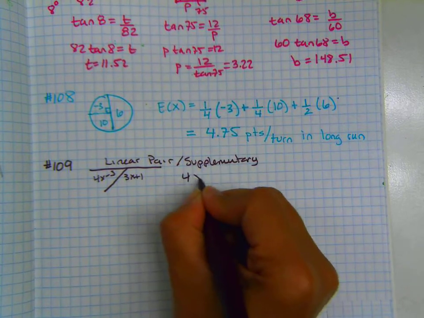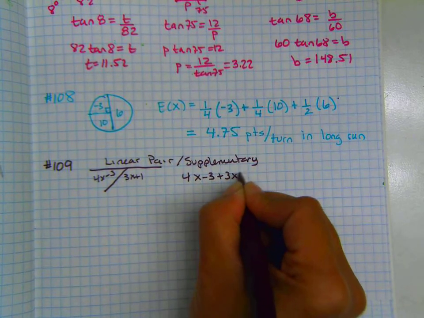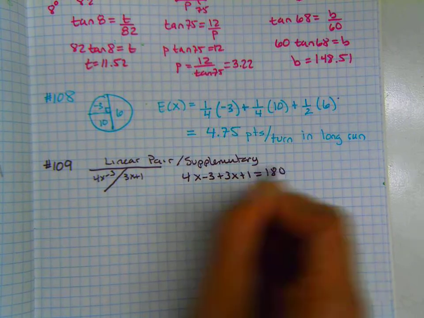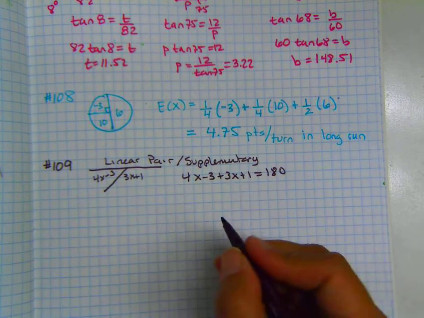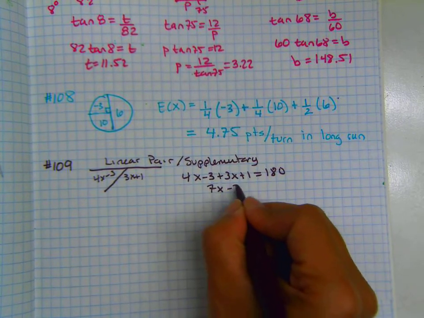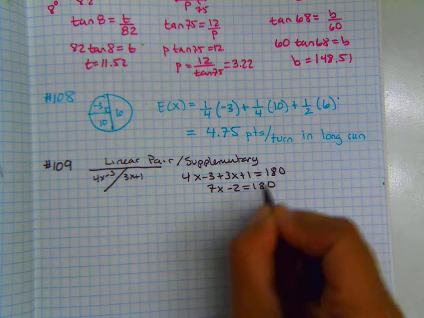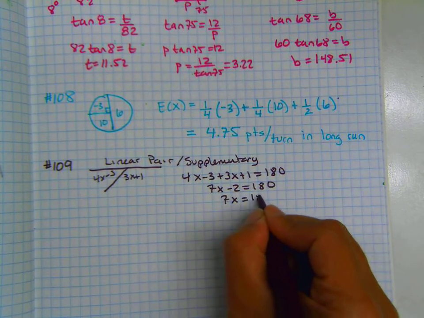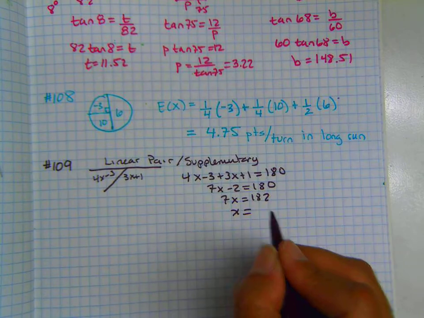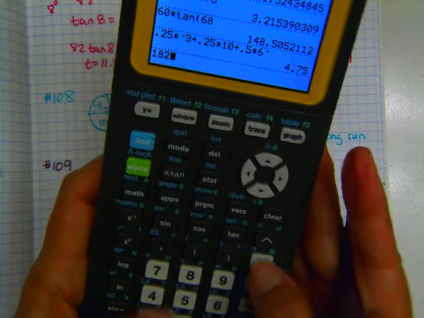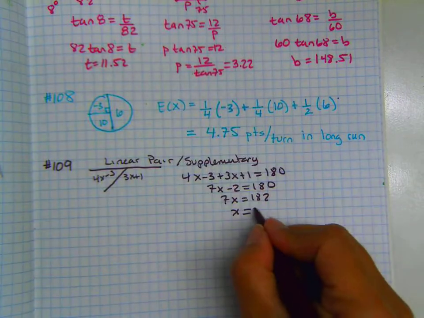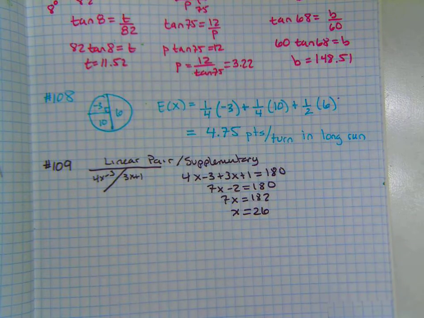So we've got 4x minus 3 plus 3x plus 1 equals 180, because that angle, that straight line adds to 180. 7x minus 2 equals 180. 7x equals 182. X equals 26. And did they ask to solve for the variable and state the relationship?